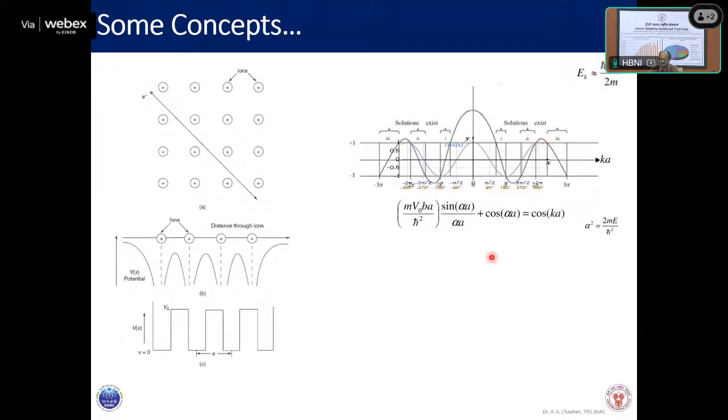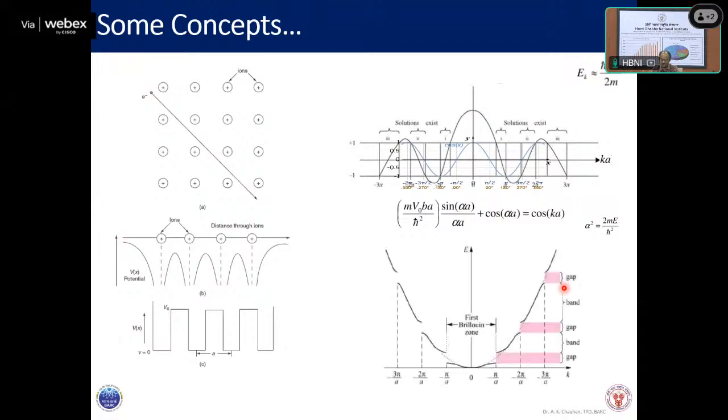So these energies, if you see, this is Ka. K is related to momentum, and in that case you can call it related to the energy also. So where these values are above +1 or -1, because the right hand side can have only values between +1 and -1, therefore the solution will not exist.